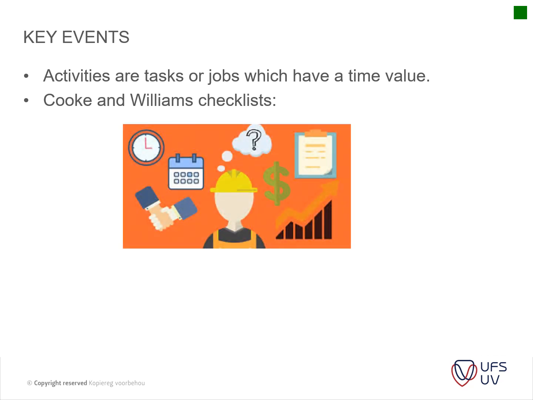Now this checklist, let me just see where that checklist is. This checklist is very important. Page 141 is the checklist of key activities and events during the construction stage. Yes, so page 141. This is quite key for me.